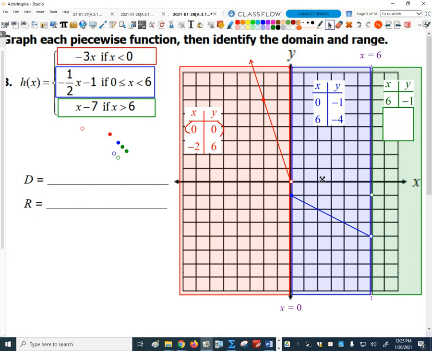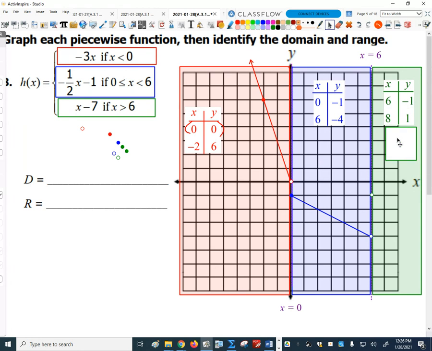There it is. And now, Aiden, what's another value I could pick for an X value to get another point so I can graph my ray? I need another X value that's in the green domain, which is all X values greater than 6. So there's no right or wrong answer on this one. 8 would work, sure.